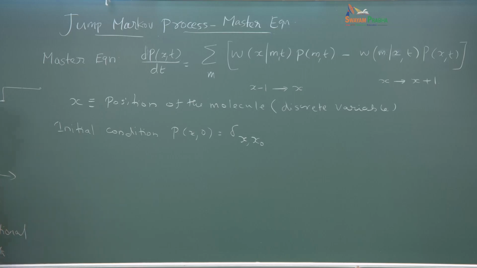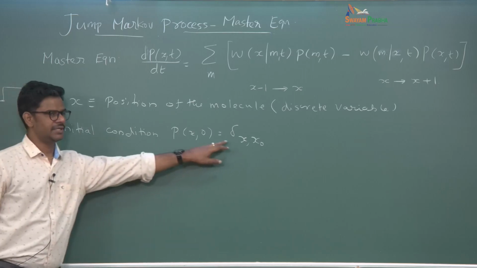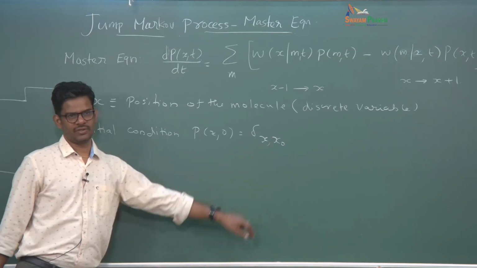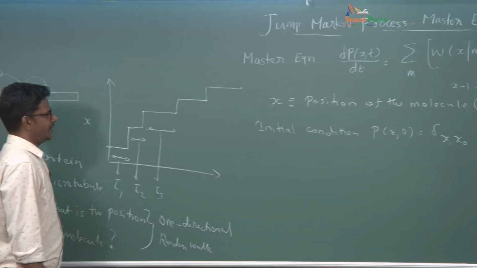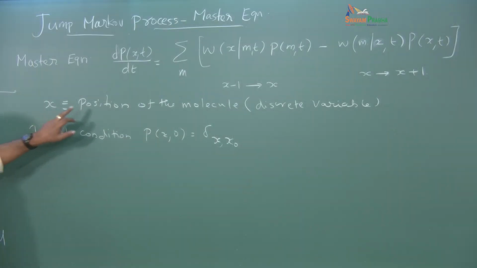So the initial position is a delta function that it is starting at x naught. Okay. So initial condition we have got, the random variable we have got, and then this.